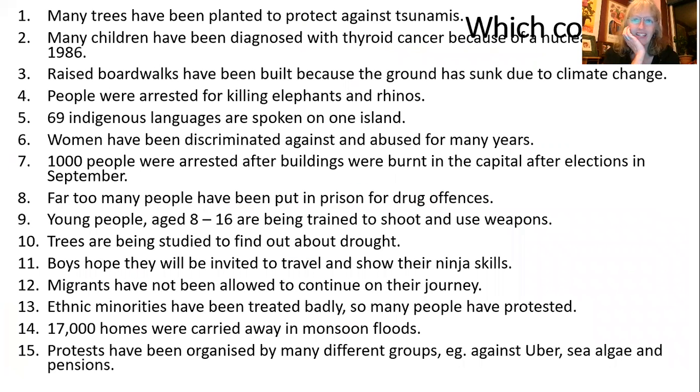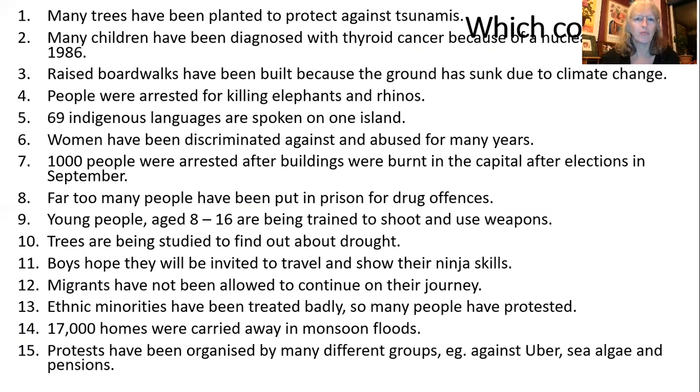Right, this slide, we have 15 sentences. These are all summaries of news items. I want you to look through these sentences with a partner and try to decide which country do you think they could be stories from.